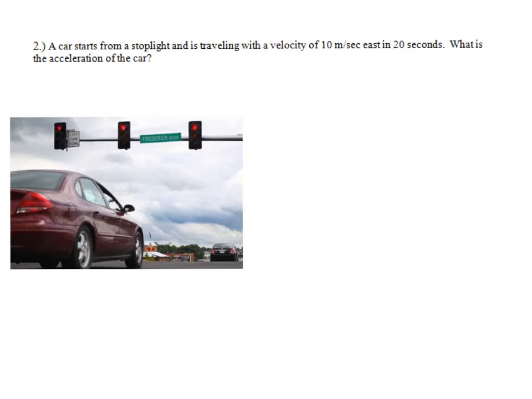Alright, so once again, we have another example problem here. We're going to use our same formula. Here we're going to have A, acceleration, equals, I'm going to do a different color for each part, V final minus V initial divided by our time.